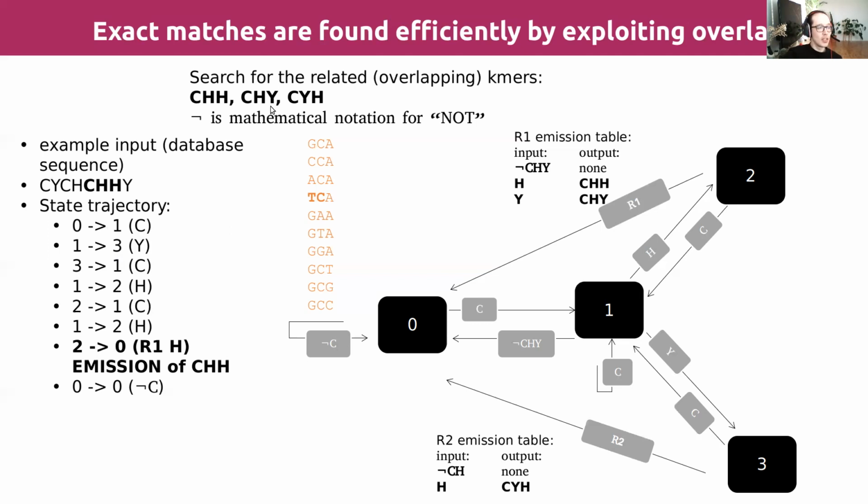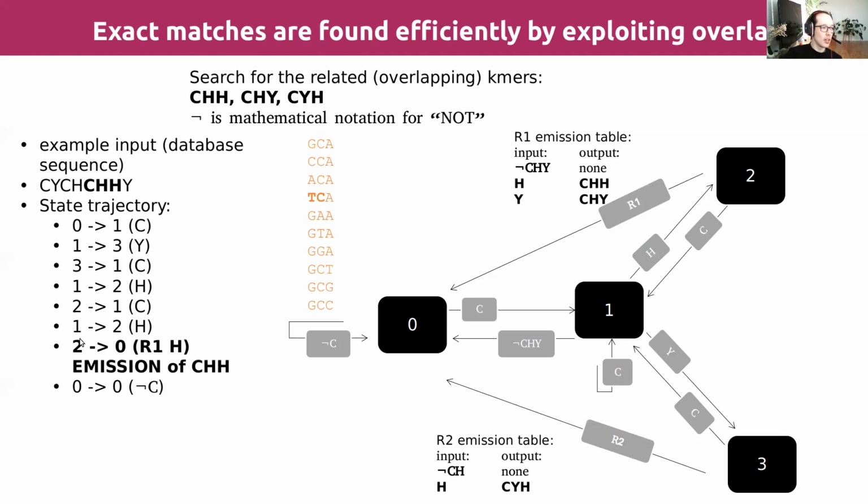You remember state 2 is the one where we're basically just one base away from potentially finding one of these. We hit a C after the H, and then we have to go back to state 1 again. And then we go to state 2 again.